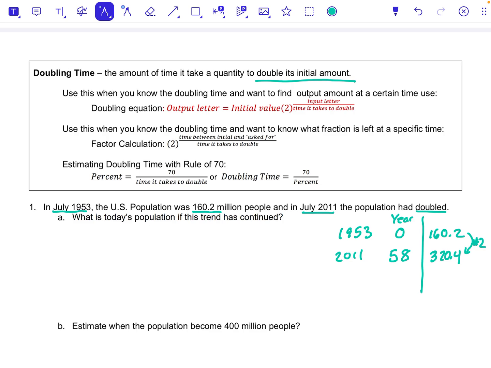It's asking, what is today's population if this trend continued? Well, to start with that, I'd want to find my growth factor. And I can do that by taking my new value, 320.4, and dividing it by my original value, the 160.2.